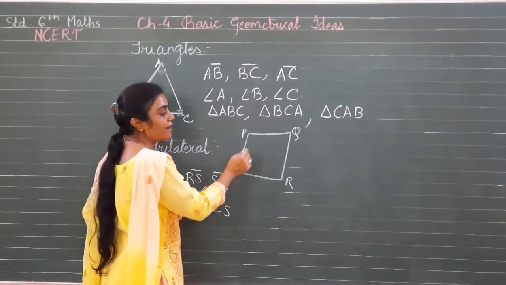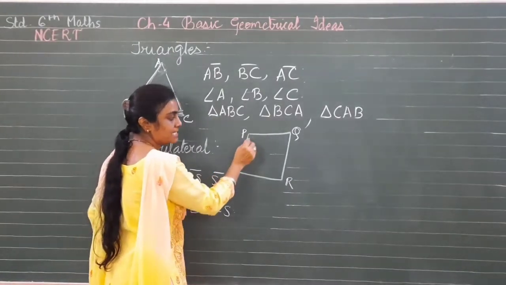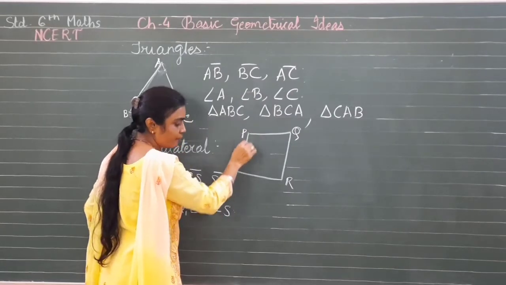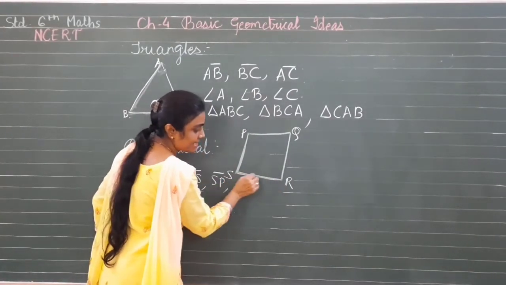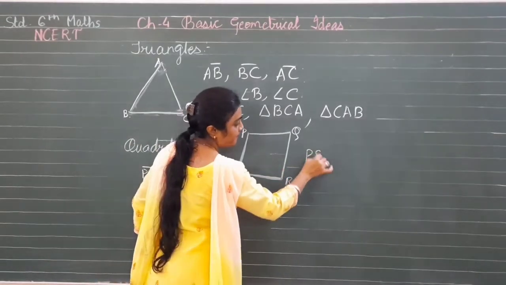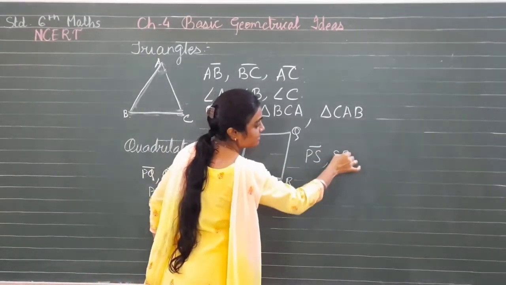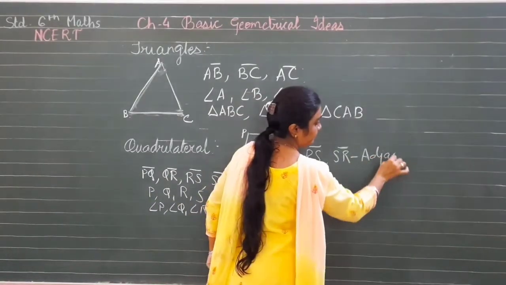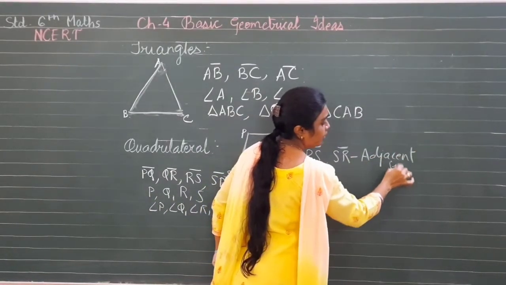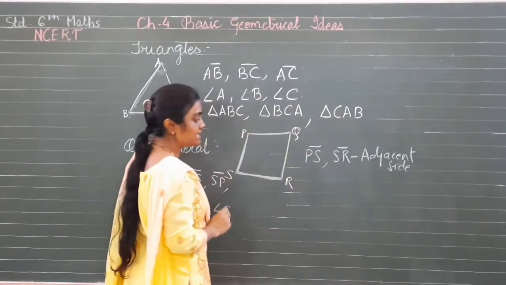Now what is the meaning of adjacent side? It means side by side. Now PS, this is one side. What is the next side to it? That is SR. So PS and SR are adjacent sides. We call it in Hindi baju baju ki side.